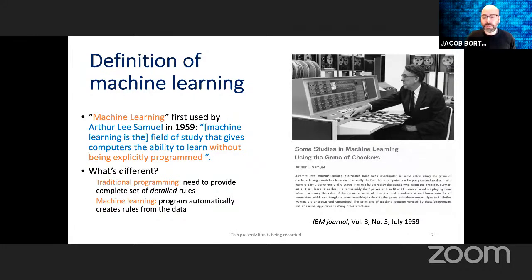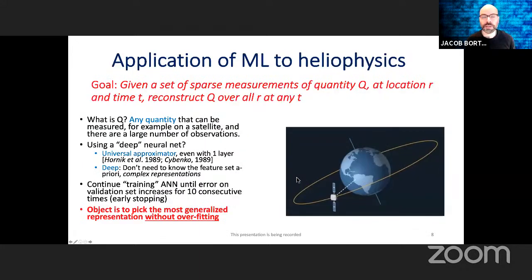The definition that he wrote in this famous IBM journal paper in 1959 was that machine learning is the field of study that gives computers the ability to learn without being explicitly programmed. You don't program the rules of what the checkers playing machine needs to do. It figures out those rules by itself from playing, from its experience, trying to optimize for winning. So that's the basic idea behind machine learning.